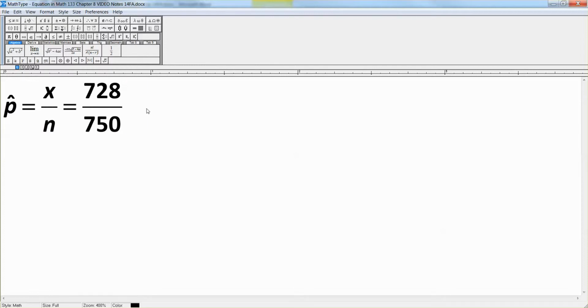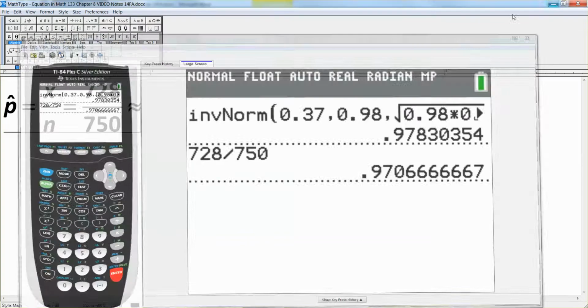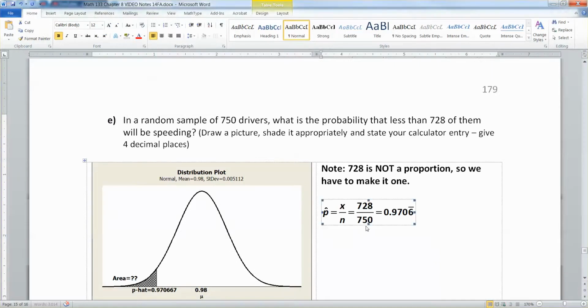Now you could find a decimal approximation for that, but it's not going to be great because I believe this one goes on forever. 728 over 750 is 0.9706 repeating, with the 6 repeating.